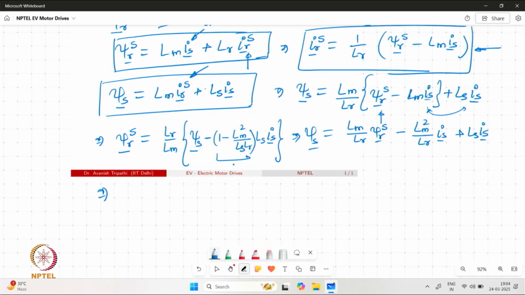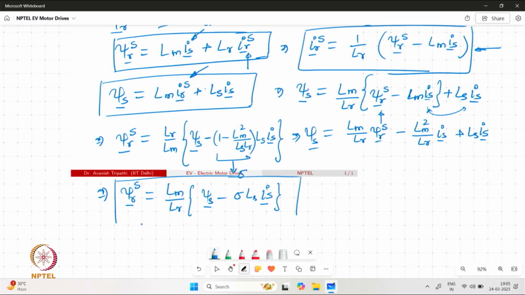Once again, this term, if we refer to our previous lecture, is basically the total leakage coefficient. So our rotor flux can be written in a compact manner in terms of the scaled value of psi s minus sigma Ls times Is.